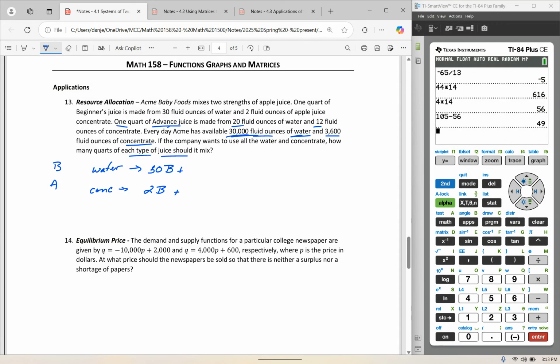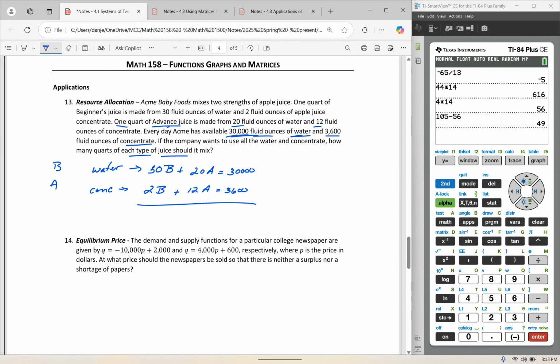Also, 1 quart of advanced juice is made from 20 ounces of water and 12 ounces of concentrate. So 20 ounces of the water and 12 ounces of the concentrate go into the advanced. Every day they have 30,000 ounces of water available, and every day they have 3,600 ounces of concentrate available. And there's my system. Now I can solve my system any way that I choose.